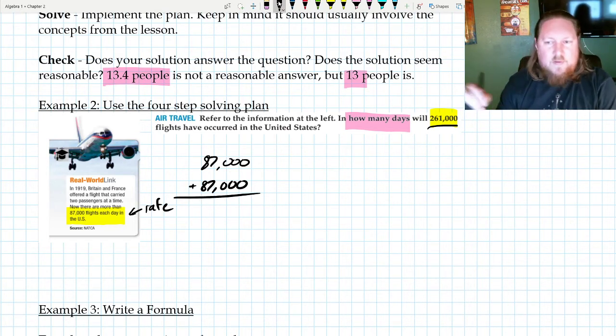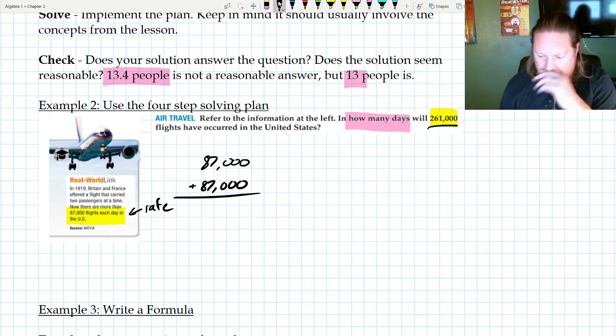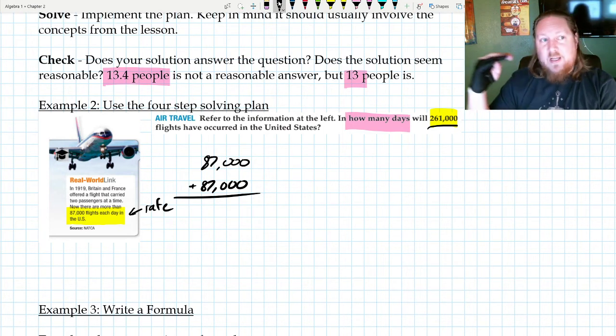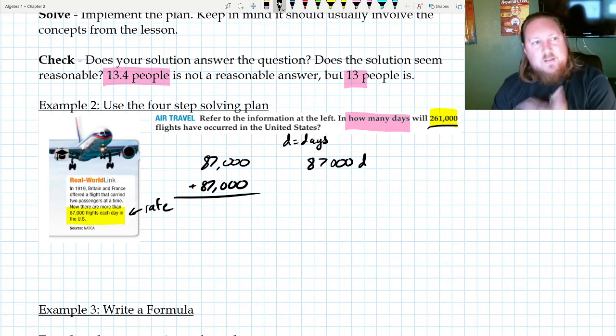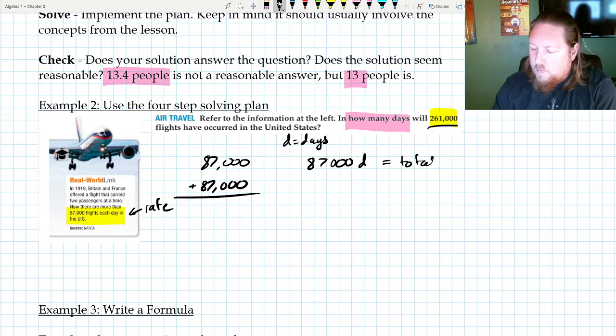It would take a lot of calculation until you figured out you were close. What you really want to think about is repeated addition is the same as multiplication. So if I multiply 87,000 times the number of days, let D equal days, then we'll know after how many days we'll have the total number of flights.